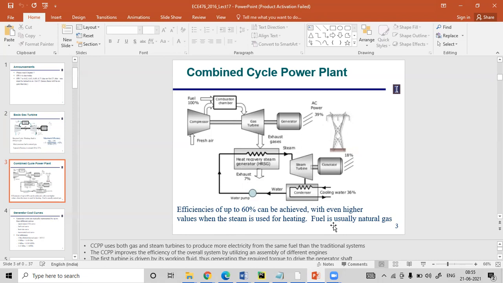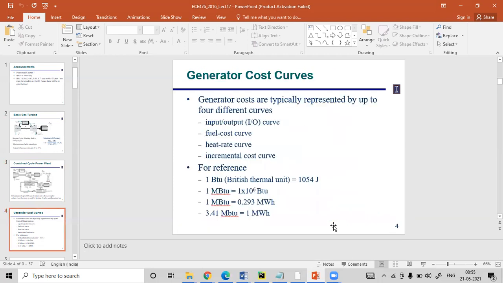Then you can see these are the basic functions of the generator, the basic terminology and the basic functions, and this will be used to estimate the generator cost curve. Basically, the generator cost curve includes 4 different types of curve. First one is the input output curve. Second one is the fuel cost curve.